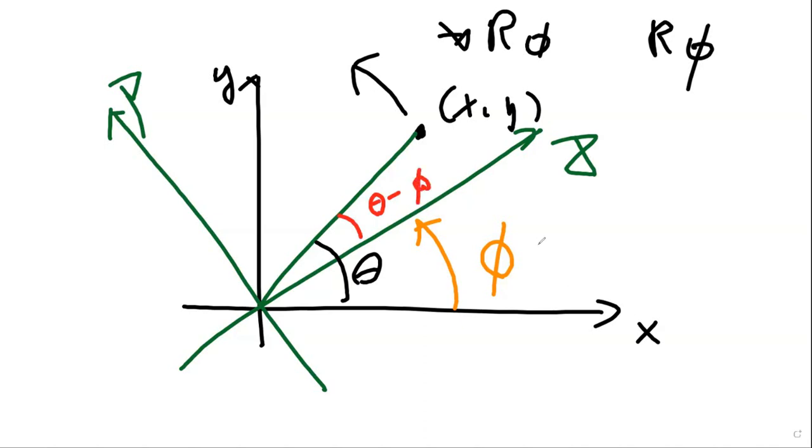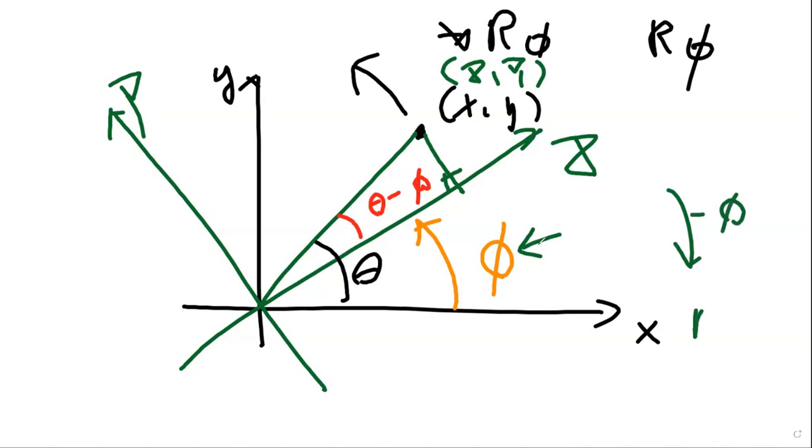So what I want to say is that this new coordinate, according to the new frame, green frame, you rotate, your frame rotates by phi. It is similar to the object backward rotating by minus phi angle.